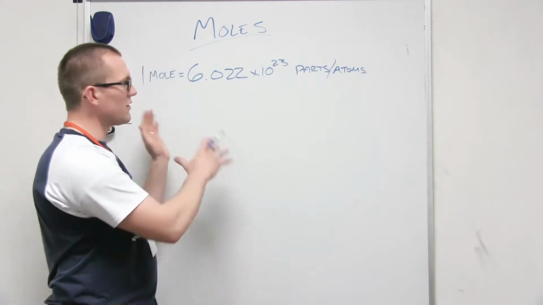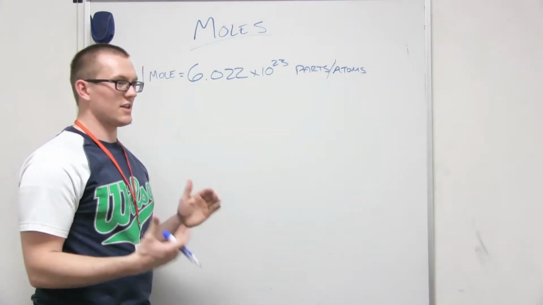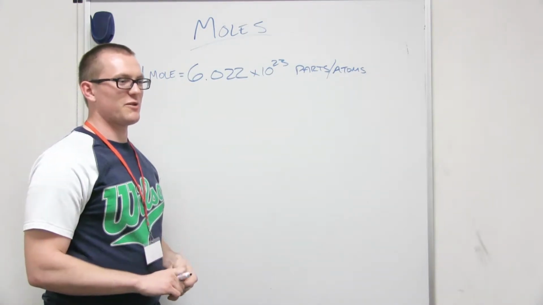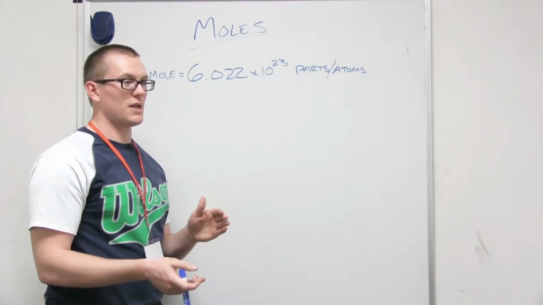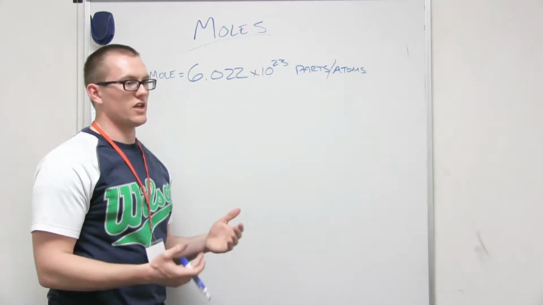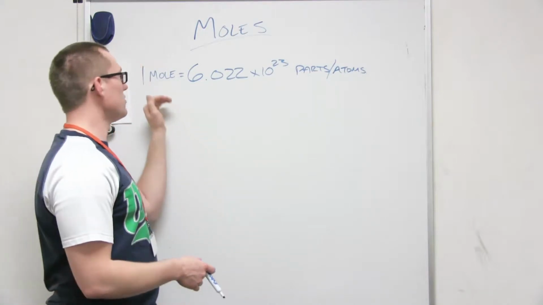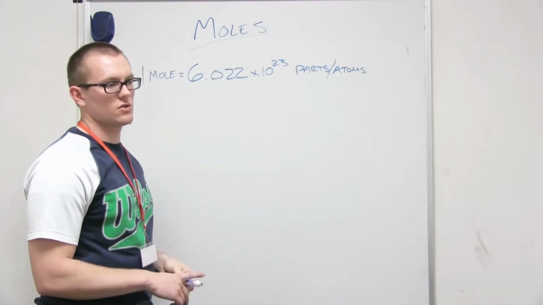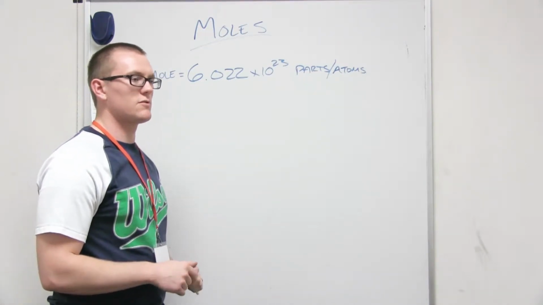I know it looks like a big number and there's a lot of numbers involved, but in the end, it makes conversions and calculations a lot simpler when we use moles, because it makes the numbers smaller for us.